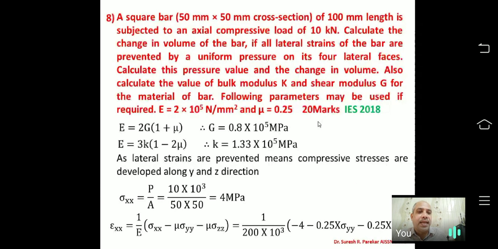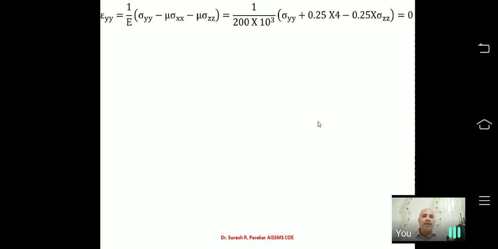Now we can go to epsilon xx: 1 by E, sigma xx minus mu sigma yy minus mu sigma zz. We have substituted the value of sigma xx. We do not know sigma yy, sigma zz. Similarly, I can find epsilon yy again in terms of sigma yy, sigma zz. I will modify the equation, which gives me sigma yy minus 0.25 sigma zz equal to minus 1.